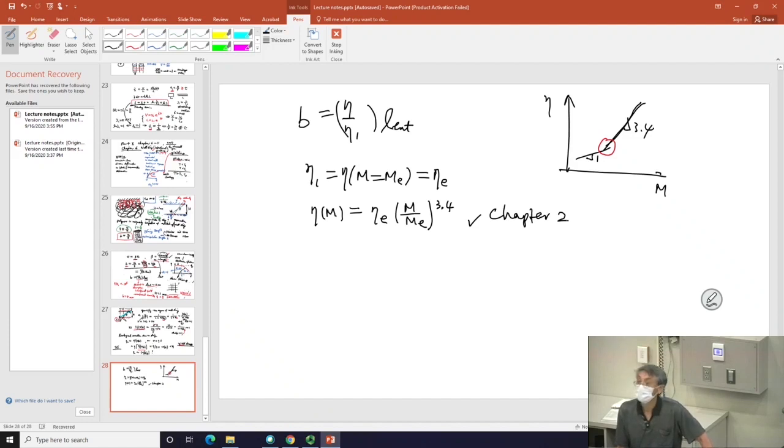So with that, you're done. You have an explicit prediction of what B is, depending on the molecular weight of your polymer melt, which is equation 6.12.